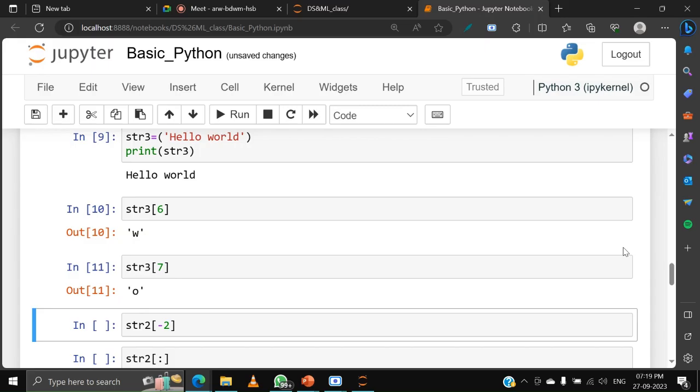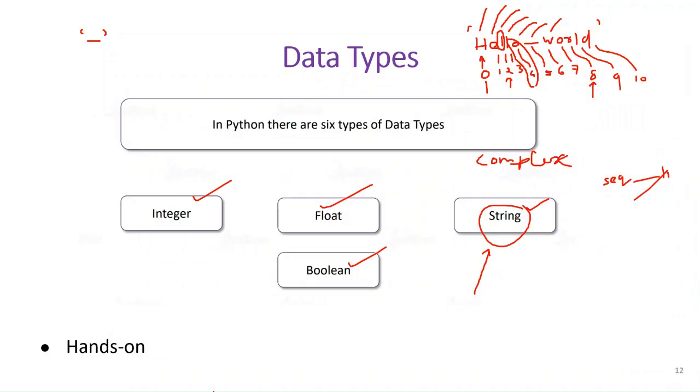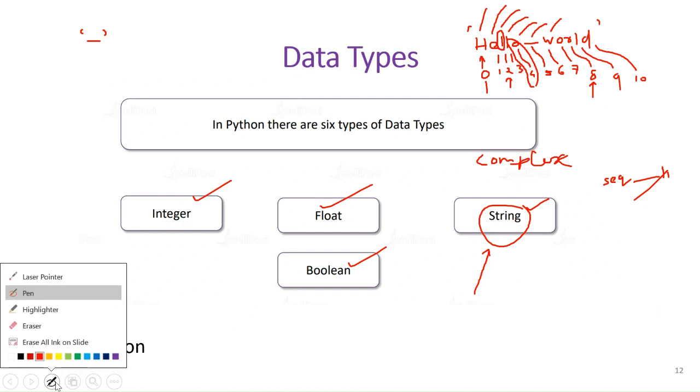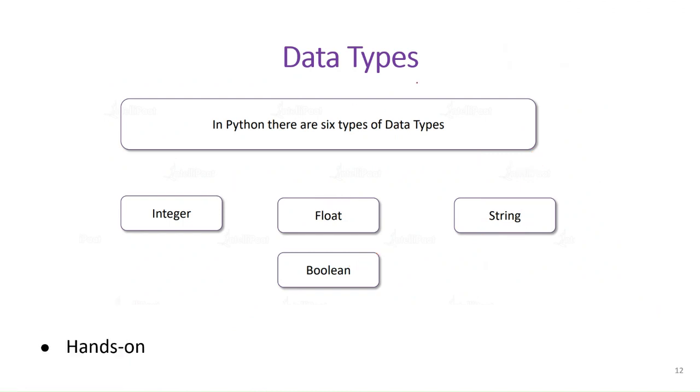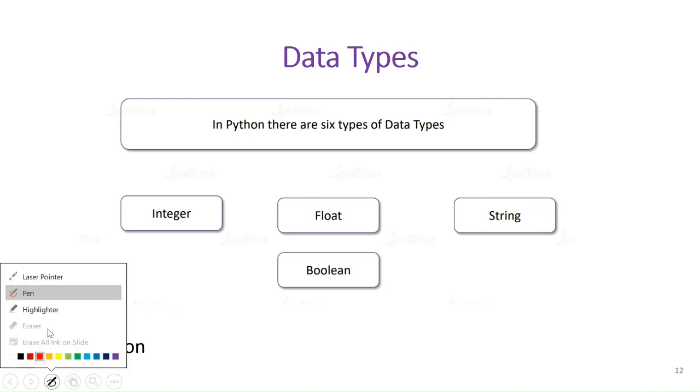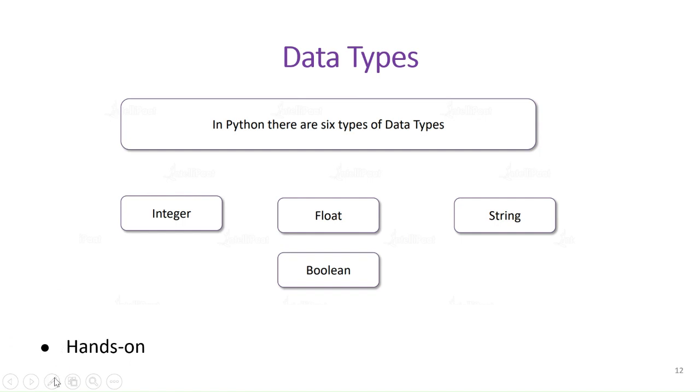Now, this is one way. Again, I will type hello world, because this is very essential to understand the subsequent sessions like list, tuple, everything. Again, I will write hello: H E L L O, then a space, then W O R L D. As I told you earlier, H corresponds to index 0.